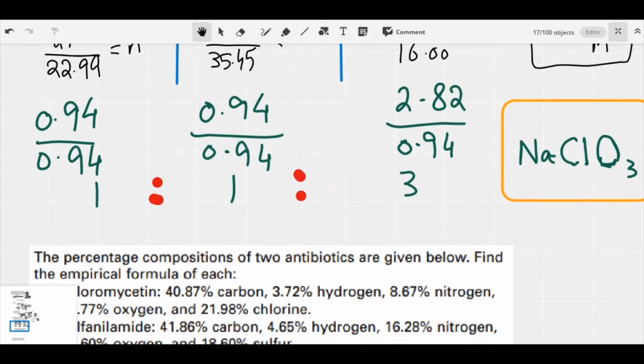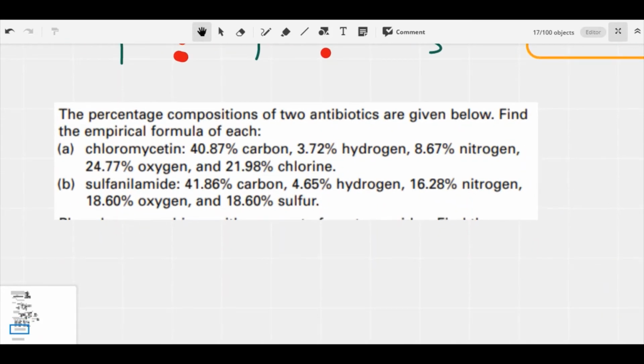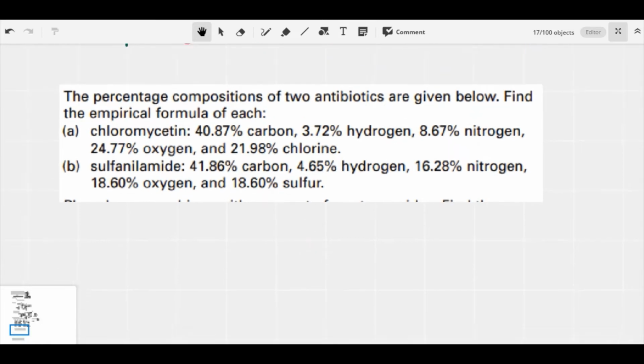Okay guys, our next question is: the percentage composition of two antibiotics is given below. Find the empirical formula of each. The first one, chloromycetin, contains 40.87% carbon, 3.72% hydrogen, 8.67% nitrogen, 24.77% oxygen and 21.98% chlorine.